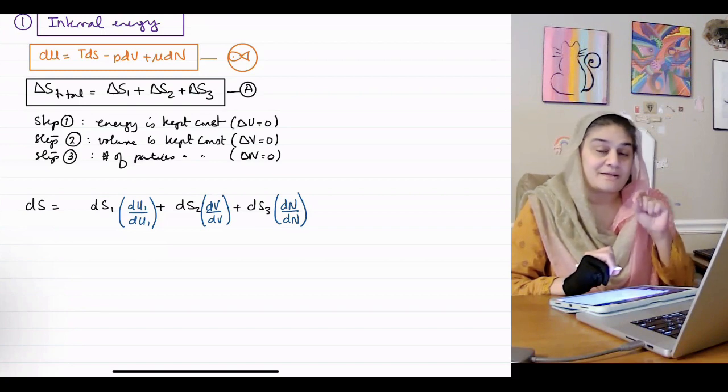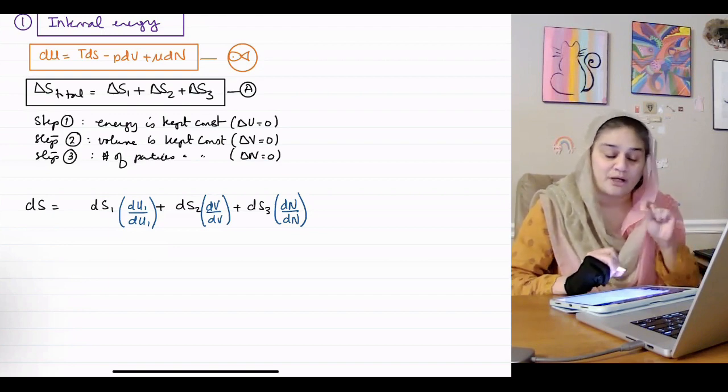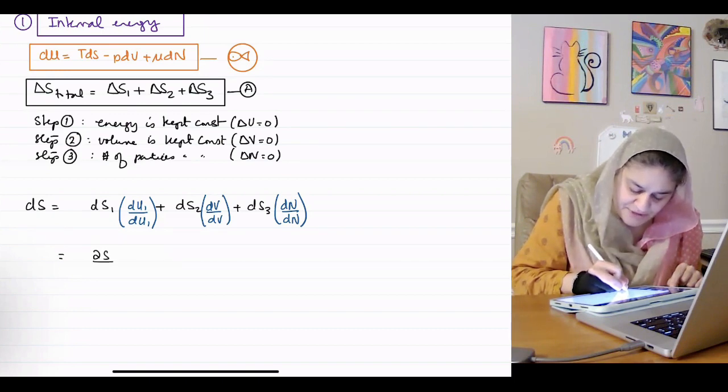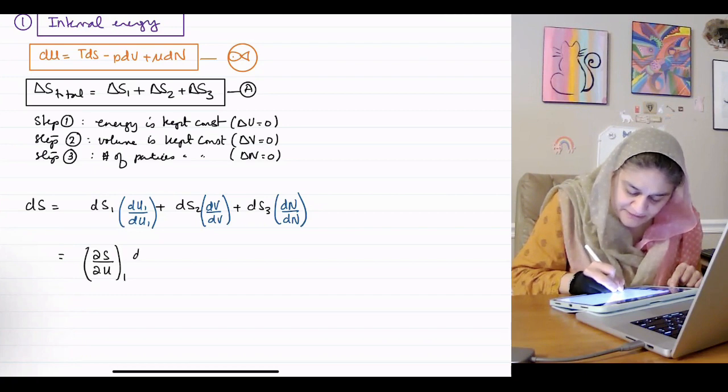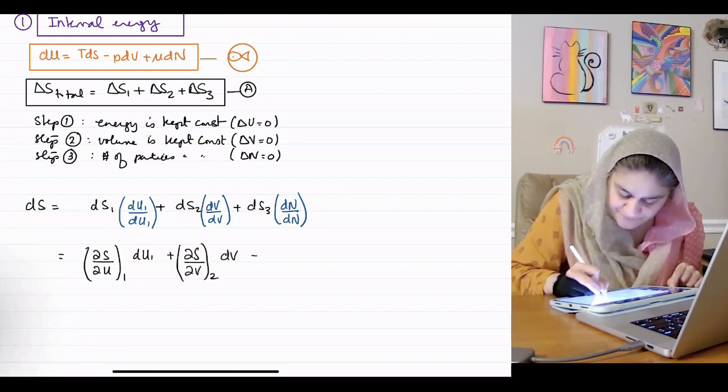Now, since this S depends on U, V, and N, may I convert the full derivatives into partial derivatives and in fact rewrite this as partial S over partial U in step number 1, dU, plus partial S over partial V in step 2, dV, plus partial S over partial N in step 3, dN.